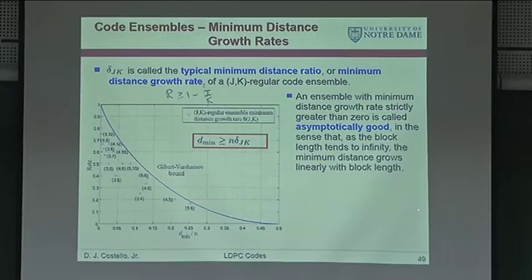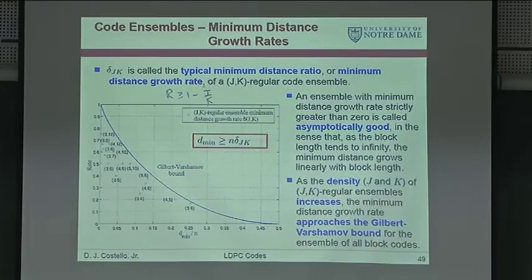So these are all asymptotically good ensembles. All JK regular designs based on Gallagher's construction are asymptotically good ensembles. And as the density J and K gets larger, the growth rates approach this blue line, which is the Gilbert-Varshamov bound. Now this is what you're guaranteed to be able to achieve with the entire class of block codes, NK block codes.